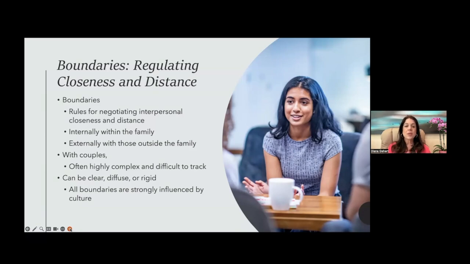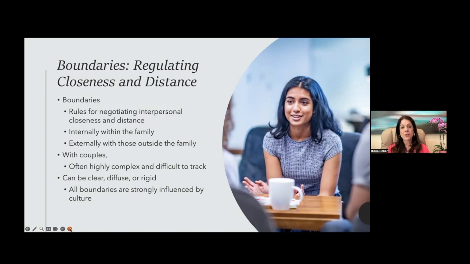With couples, it can often be a very complex dance in how they regulate closeness and distance, and it can be very different in different areas of their lives: parenting versus sexuality versus extended family members versus the financial part of their relationship, right? Lots of different layers in couple relationships. Typically, the three ways we describe boundaries are clear, diffuse, and rigid.